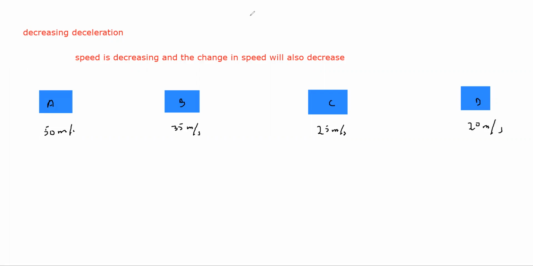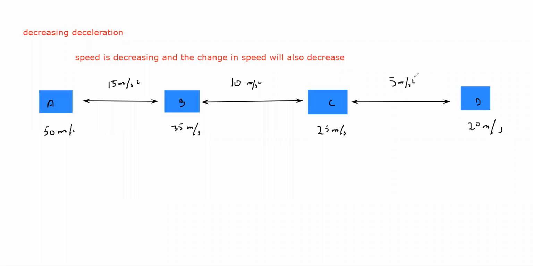When you calculate the deceleration, the change in the speed from A to B, B to C, or C to D, what you will observe is the change was 15 in the beginning, meter per second square. Then the change was 10 meter per second square. Then the change is 5 meter per second square.